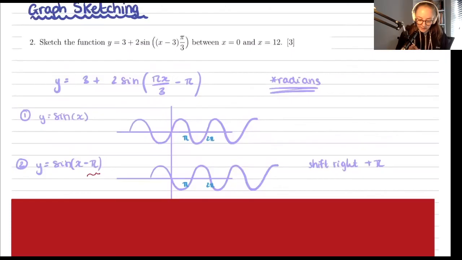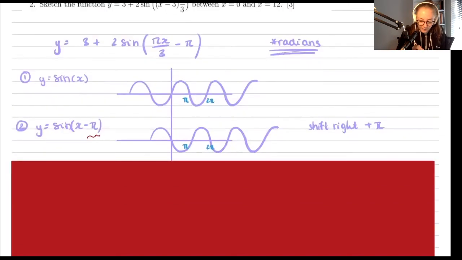It's worth mentioning, I simplified what's inside the bracket here as well, just to make it a little bit more understandable. But here, we're saying that we're shifting the graph to the right by pi. So I've just done that on my sketch here. I've shifted the sine graph over to the right by pi.